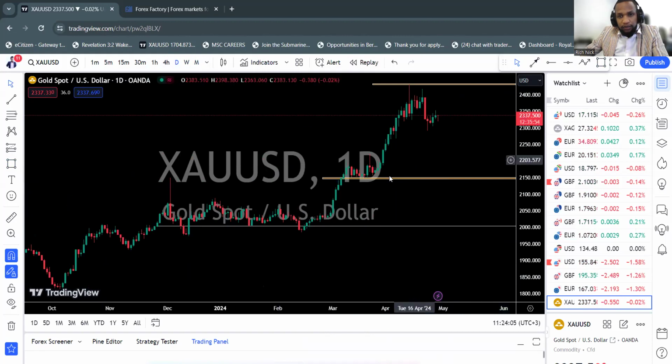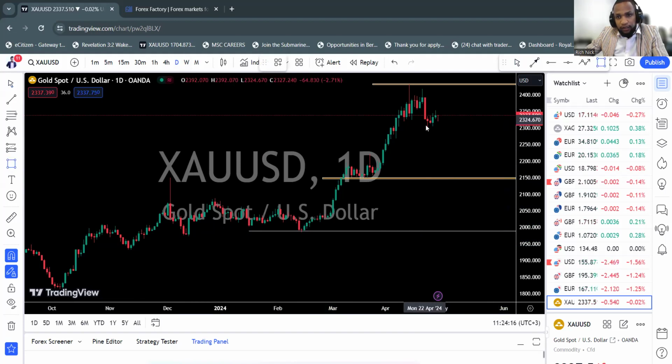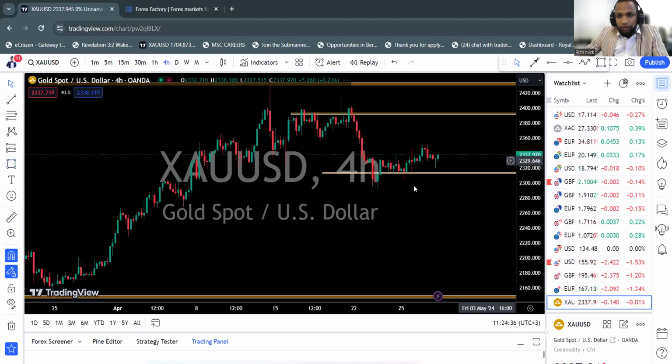I'm just adjusting this so that we move with it. We have at least a daily low that has been formed over here, a very nice daily low, and of course a daily high as well comes in over there. Then we go to H4.